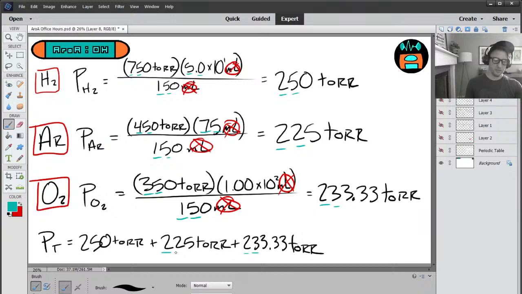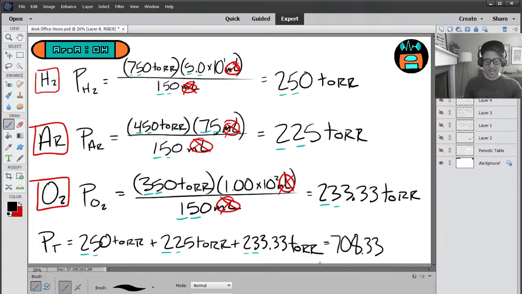And again, all these numbers have 2 sig figs. So you add these all up, our total pressure is 708.33.